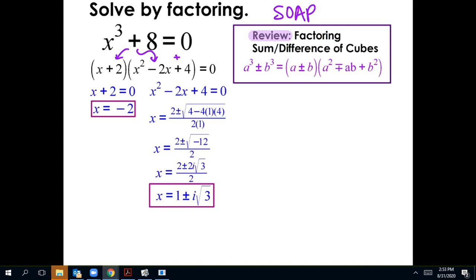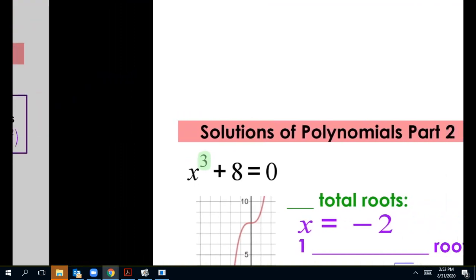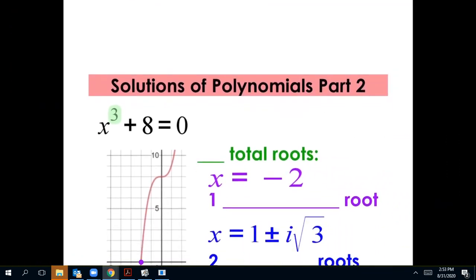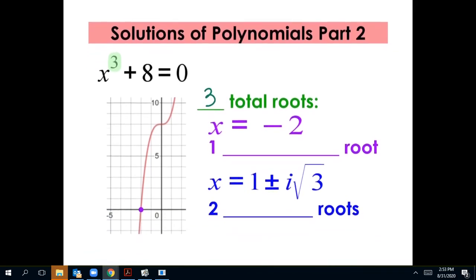So if you think about what we've been learning so far, we have this one rational solution and then two irrational ones. But the difference between this and what we've been doing is that if we were to graph these, we always should have our 3 total roots when 3 is the degree.